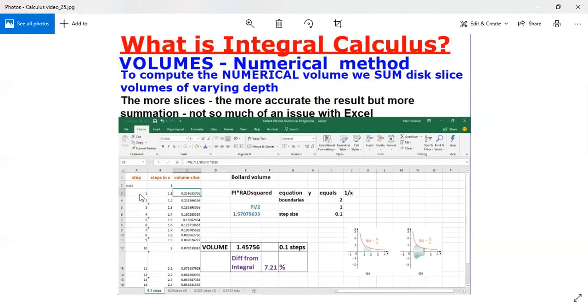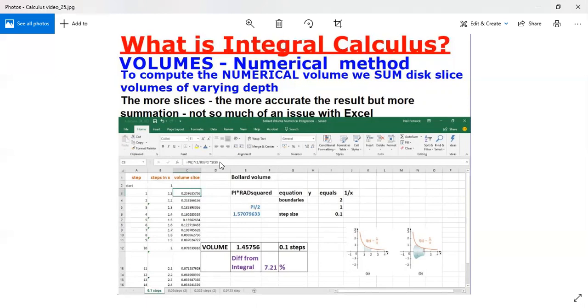X is going from 1, 1.1, 1.2, and so on, to x equals 2. What's important to understand is the step size of x, the width of the disc, is 0.1, and for each value of x, we're calculating the area of a circle.